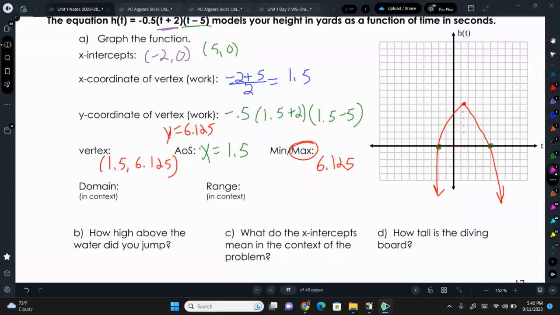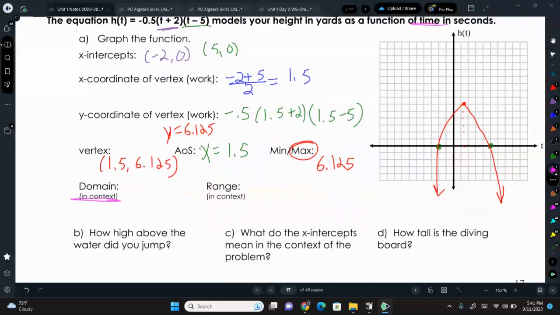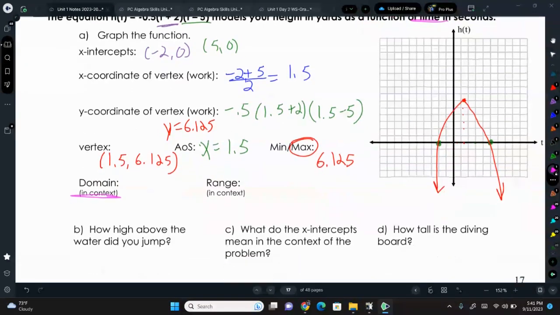The domain, since this is a quadratic, we would say -infinity comma infinity because that's what we know, but it says in context. So in context, we are only looking at the positive x-axis because t is time and we can't have negative time. So we have 0, with a bracket, because that's when time starts.